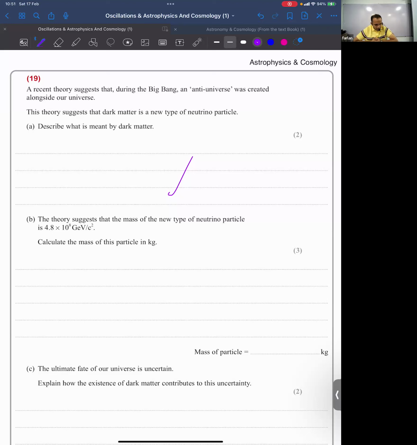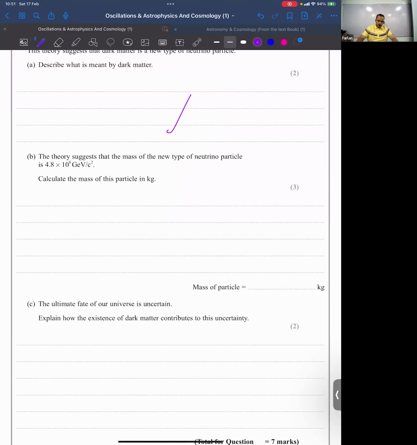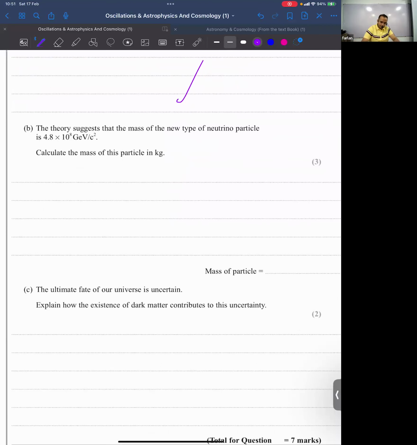The theory suggests that the mass of a new type of neutrino particle is 4.8 into 10⁸ giga-electron volts over c square. Convert this into kilograms. Simple, easy 3 marks.